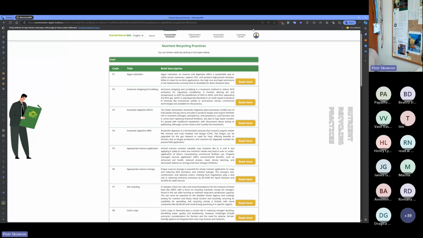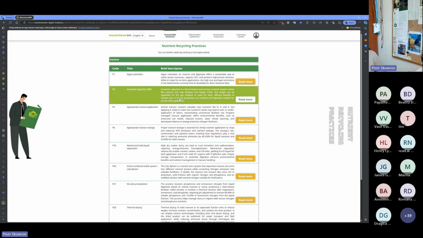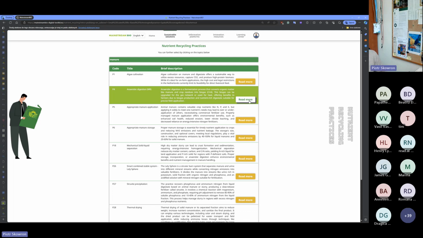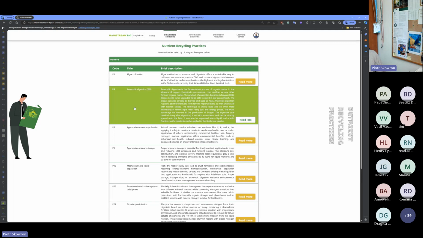For example, tipping manure. And now we have a further list. When we would like to check anaerobic digestion, we have a short abstract or a longer abstract.